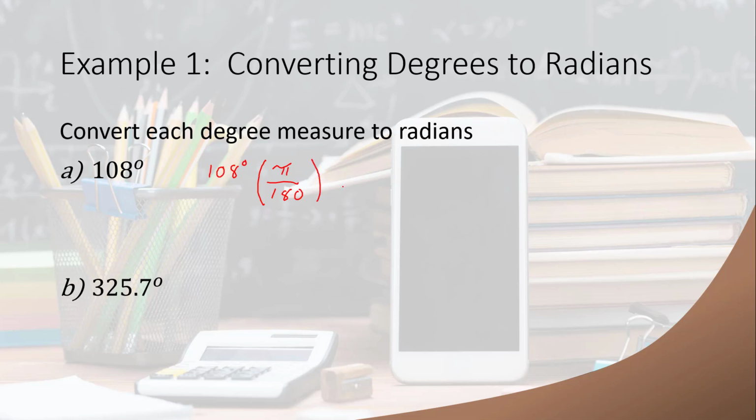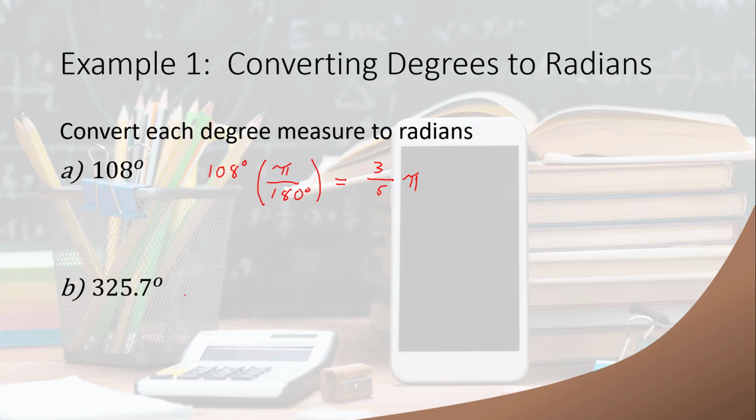What you'll notice is that 108 and 180 have a common factor, and that factor happens to be 36. 108 divided by 36 is 3, and 180 divided by 36 is 5. That would be our measure in radians, 3 pi over 5, and of course, this is an exact measure.